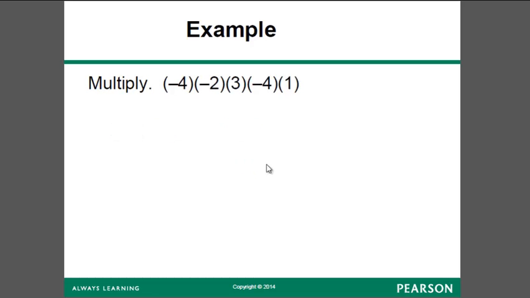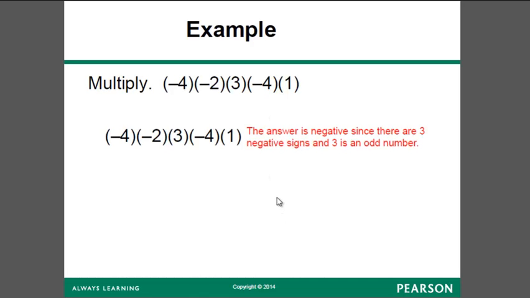Look at this example. I have -4 times -2 times 3 times -4 times 1. I could do the same procedure as I did in the previous example, but I could also look at it and say, okay, how many negative signs do I have? I have 1, 2, 3 negative signs. 3 negative signs is odd.